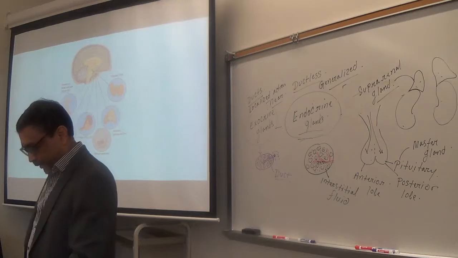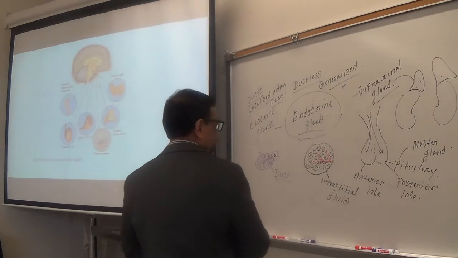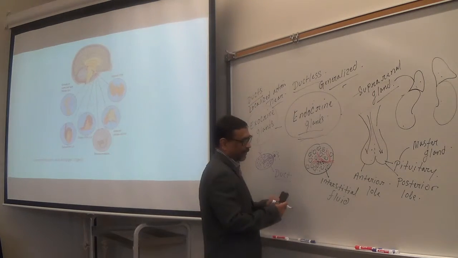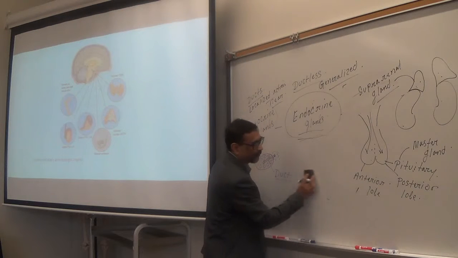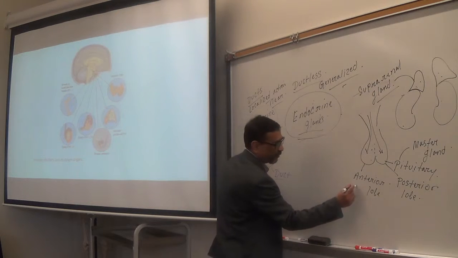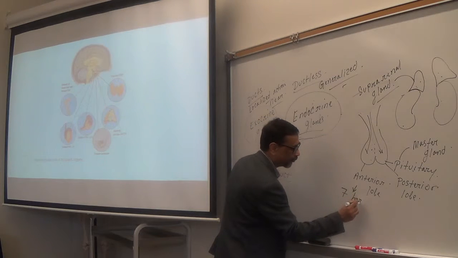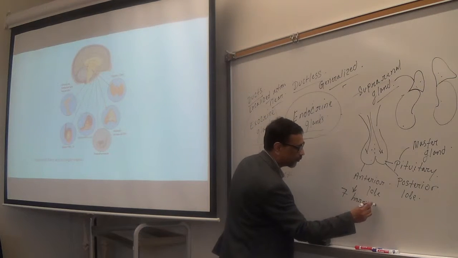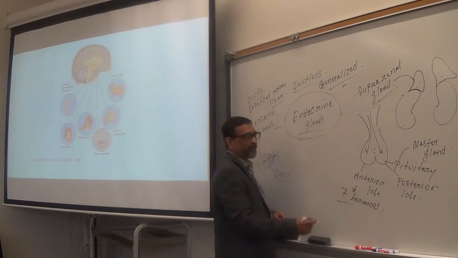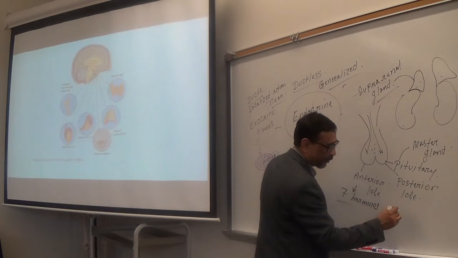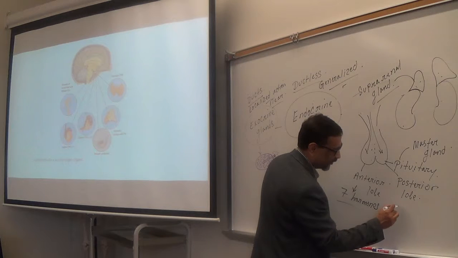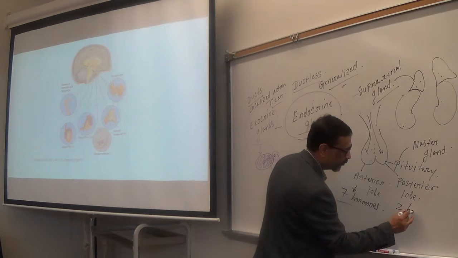Now, the anterior pituitary releases 7 hormones. And the posterior pituitary, or posterior lobe, releases 2 hormones.